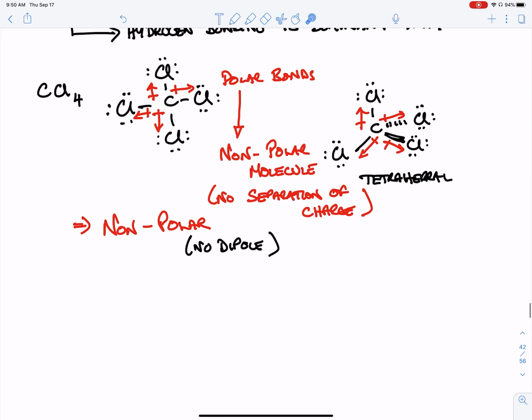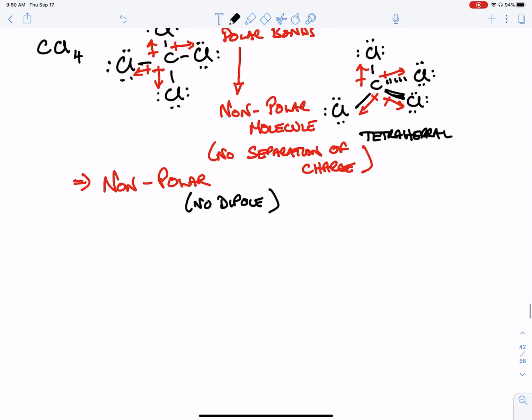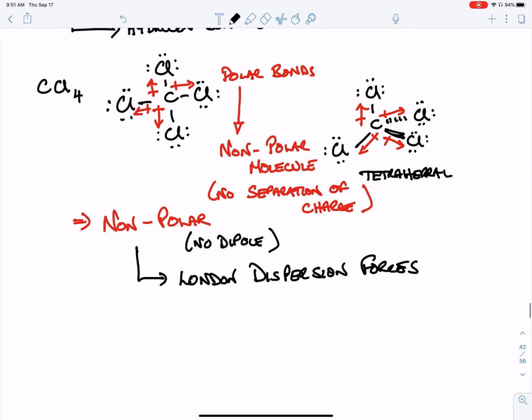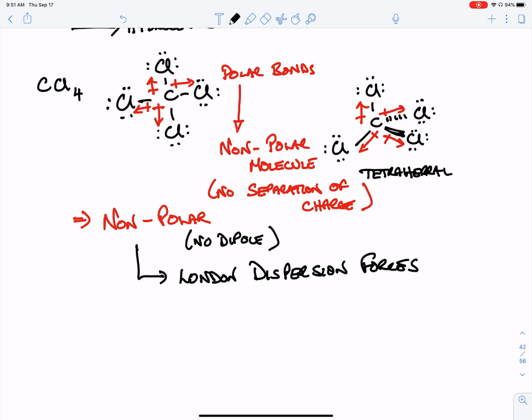And remember that London dispersion forces operate in non-polar molecules. So in this case, we would have London dispersion forces. And so those are some examples of how you determine what intermolecular forces are. And we're going to do quite a lot of these examples as we go along.